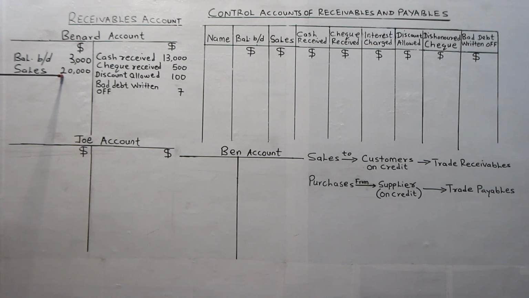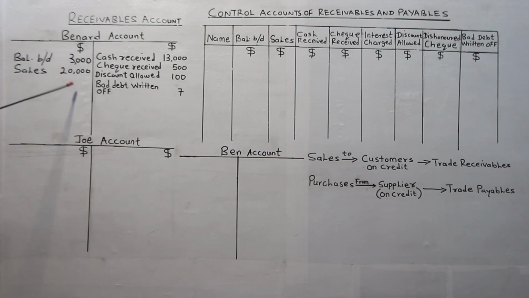receivables that can no longer be recovered, such amount is written off and credited to the receivables control account, and it decreases the amount that receivables are owing. Of course, these are some of the transactions that reduce the amount that receivables are owing.